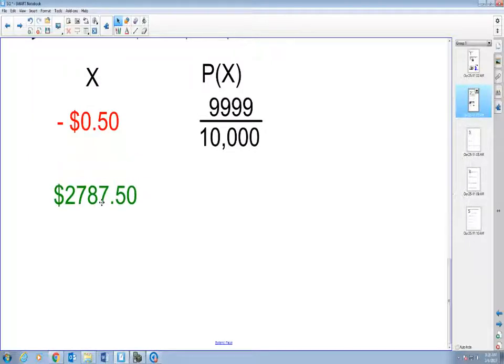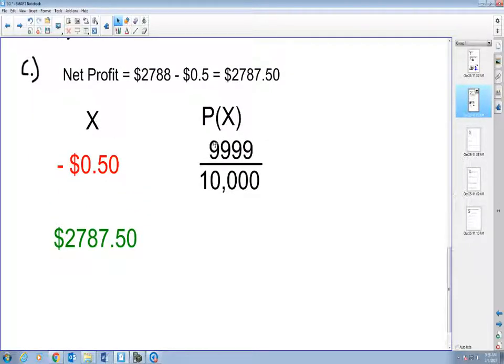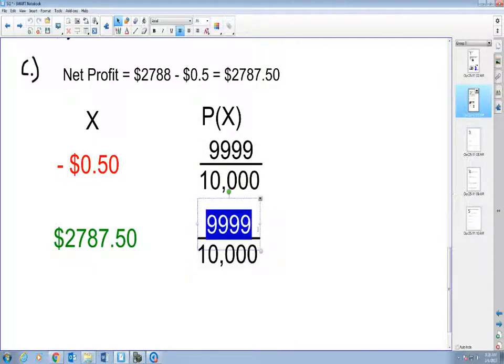The chance for me to win is 1 way out of that 10,000.